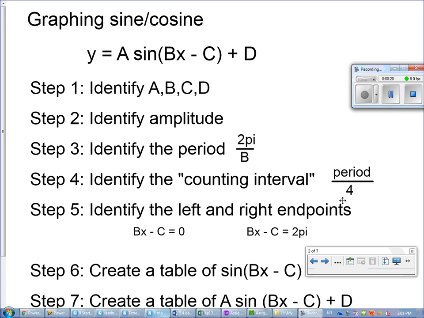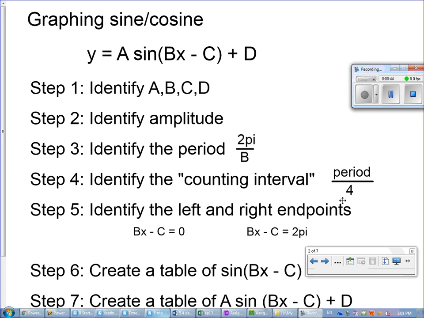Graphing sine and cosine, y equals a sine bx minus c plus d. This also works for cosine. Step one, we're going to identify a, b, c, and d. Step two, identify the amplitude. Step three, identify the period of our graph, which is 2 pi over b.